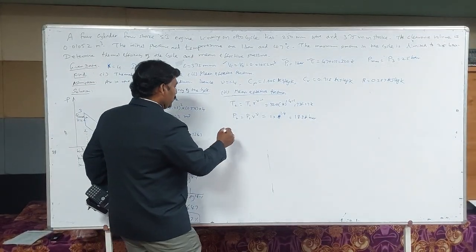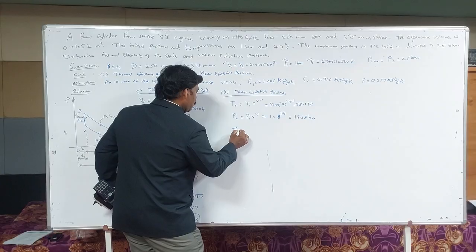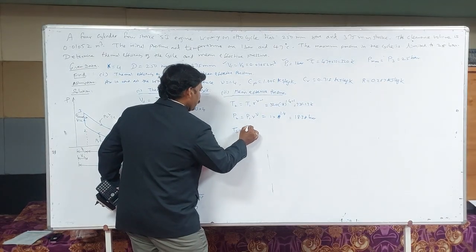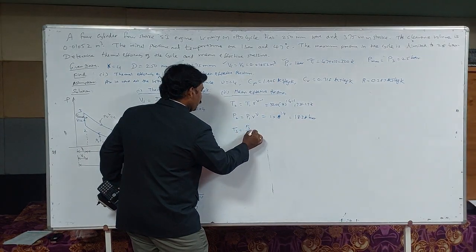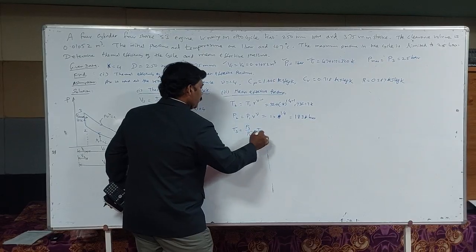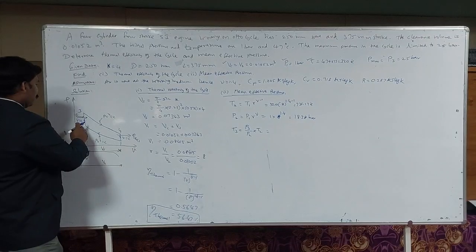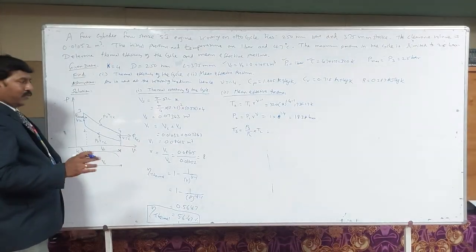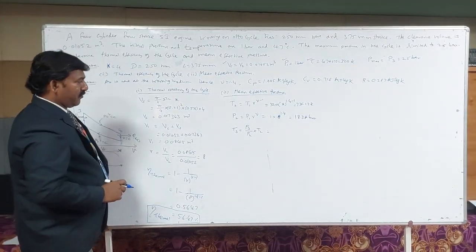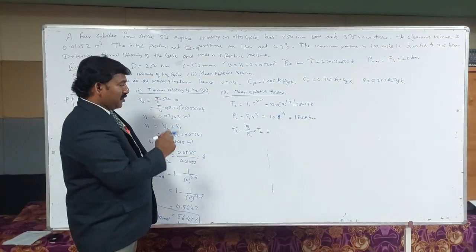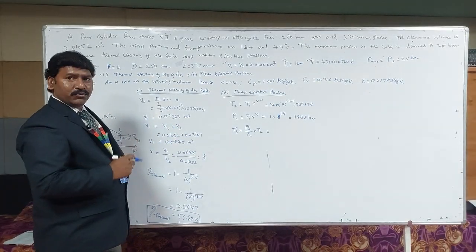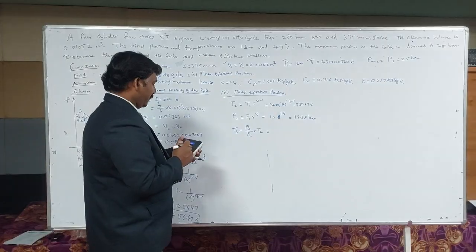Now we know P3, the maximum pressure in the cycle. Then we have to find out T3. T3 is equal to P3 by P2 into T2. This is the formula because the process 2 to 3 is a constant volume process. For a constant volume process, the PVT relationship gives T3 by T2 is equal to P3 by P2. From this, we can find T3.